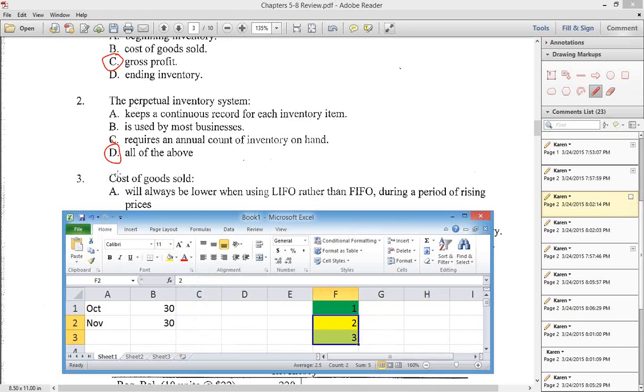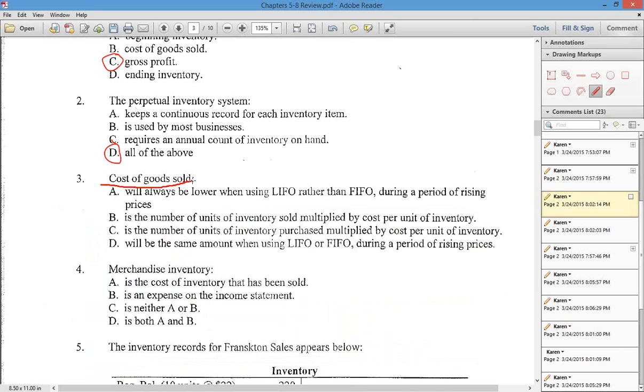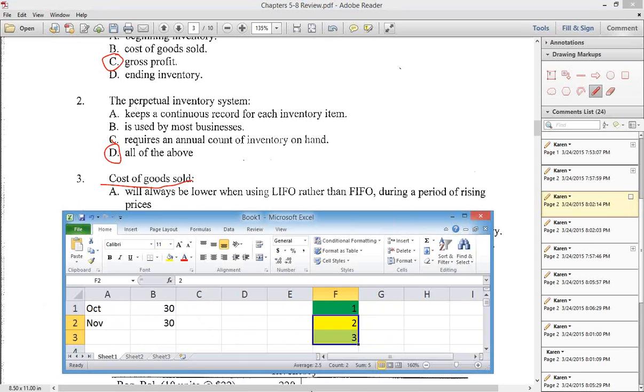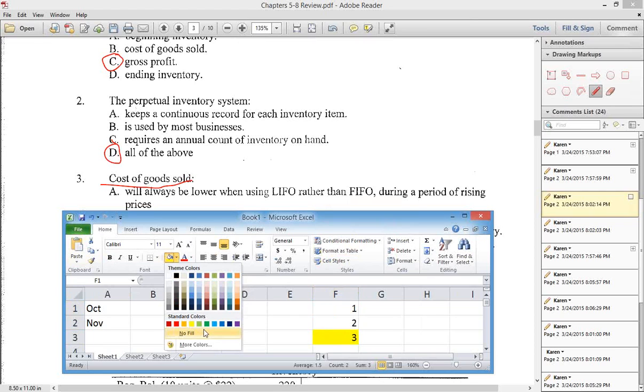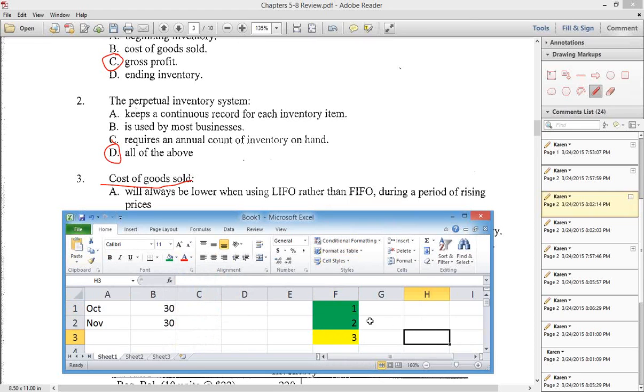So my cost of goods sold, which is what it asked me for here, would have been $5, $3 plus $2, okay? And then to illustrate FIFO, I would have sold these 2, so my cost of goods sold would have been $3.